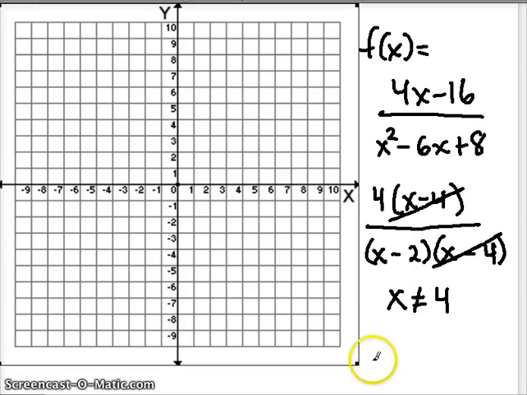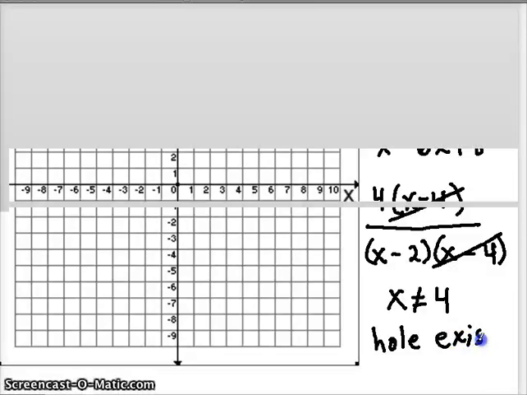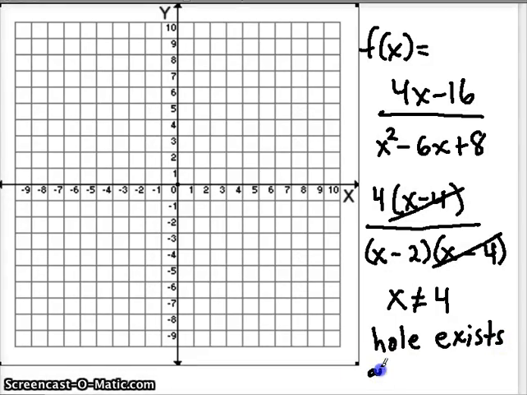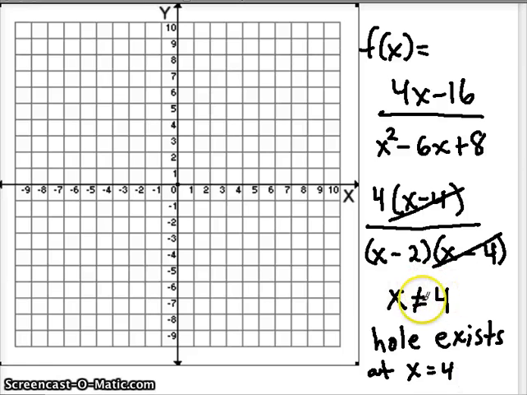Or, there's another way that we can say it. We can say a hole exists at the value of x equals 4. So either way you want to say it: x can't equal 4 because it's a hole, or you can say that the hole exists where x equals 4. We'll put a little star there just to remind ourselves that we're going to do something with that in a second.